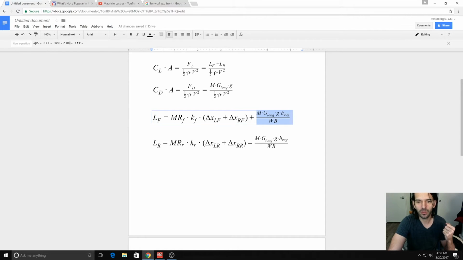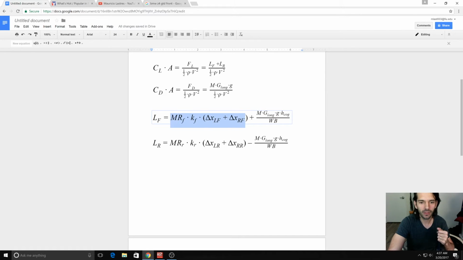All the other ones are constant. What that means is that this is an instantaneous weight transfer that happens independent of the suspension movement and body roll and pitch, and it's always there. So as soon as you hit the brakes or hit the gas, this term and its weight transfer happens instantaneously.